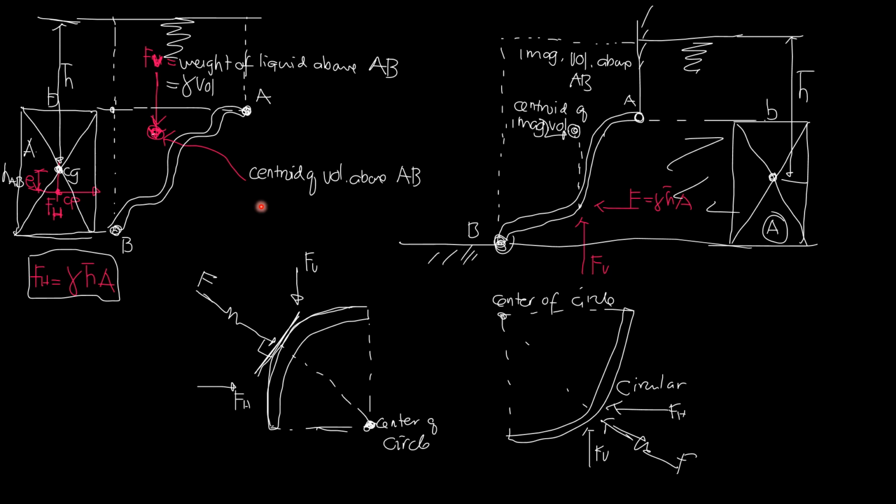By the way, before that, let me discuss first the components of hydrostatic forces on curved surfaces. Now, in this illustration and demonstration, the length of this curved surface perpendicular to the screen is constant.